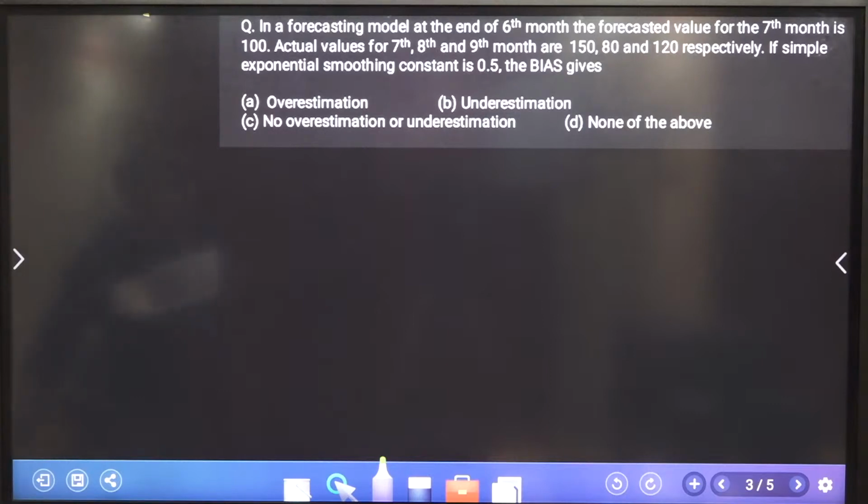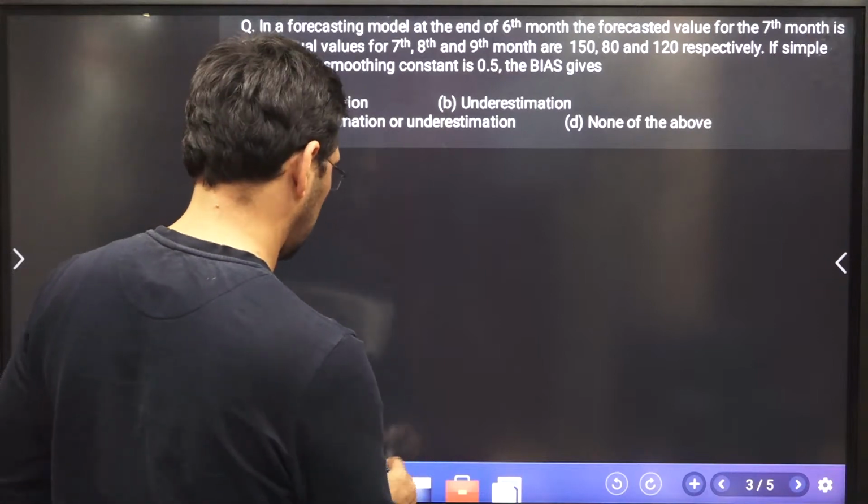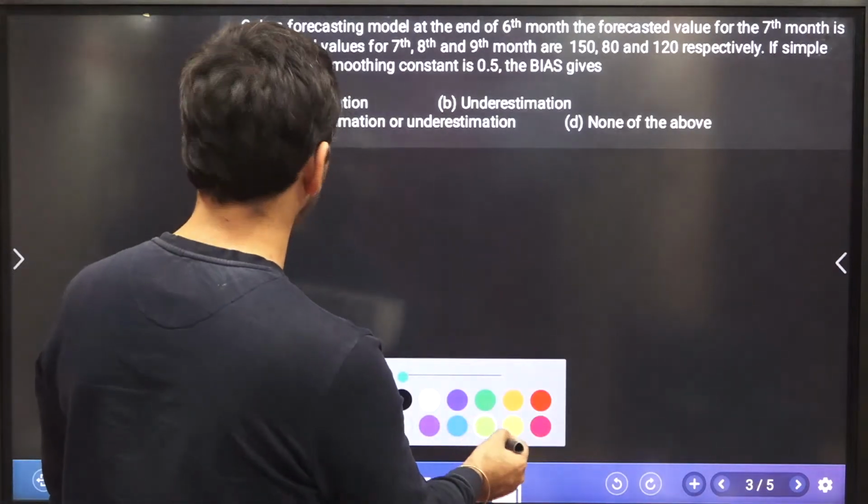Now, if you see in a forecasting model at the end of the 6 month, write this information in a proper way. I think you will get the idea and you will be able to solve it.